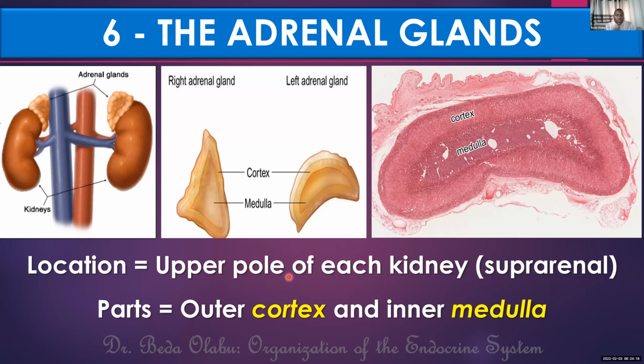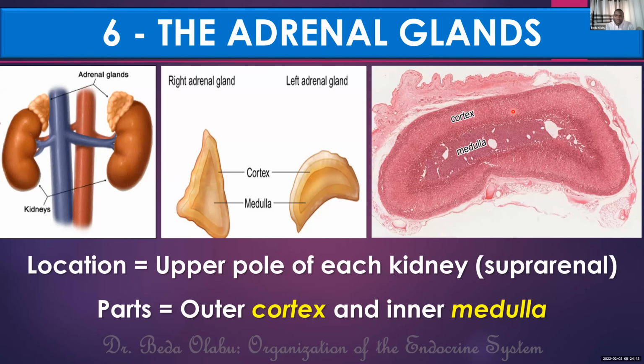In terms of the parts, each adrenal gland has two zones. The outer zone or the outer part of the gland is known as the adrenal cortex. The central part of the gland is known as the adrenal medulla.